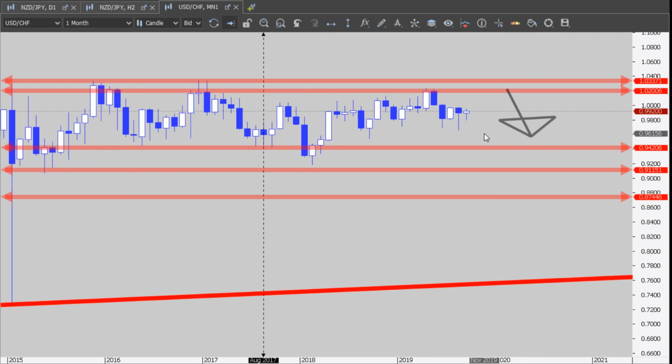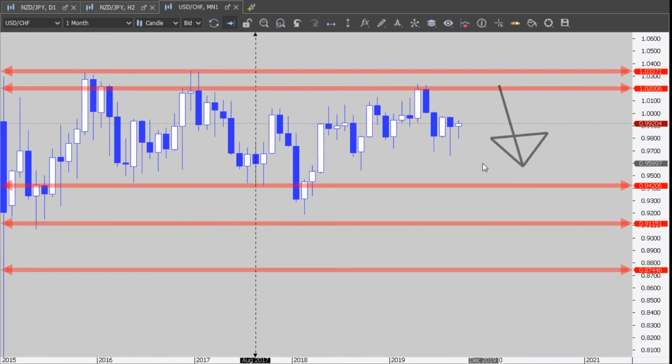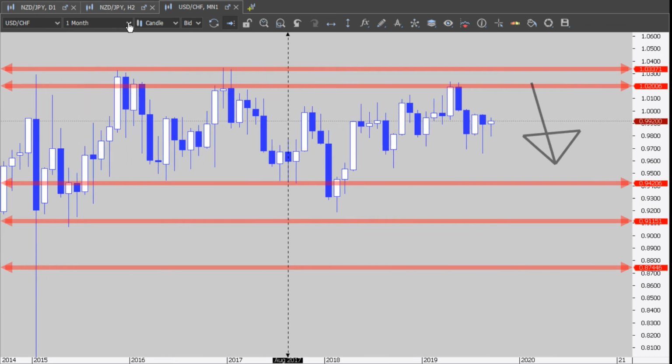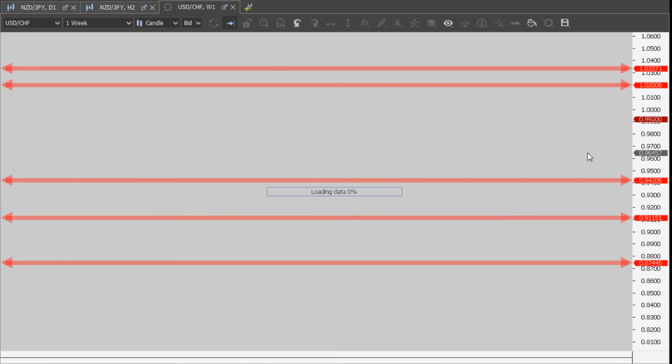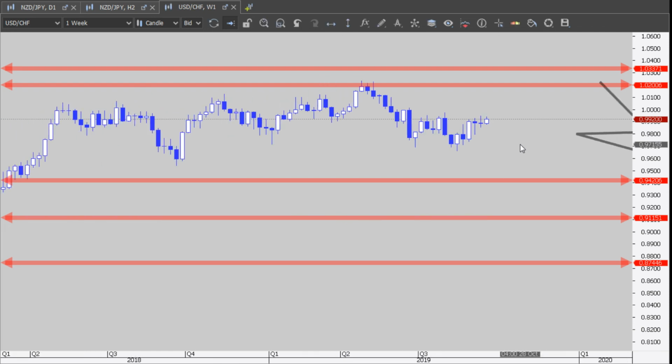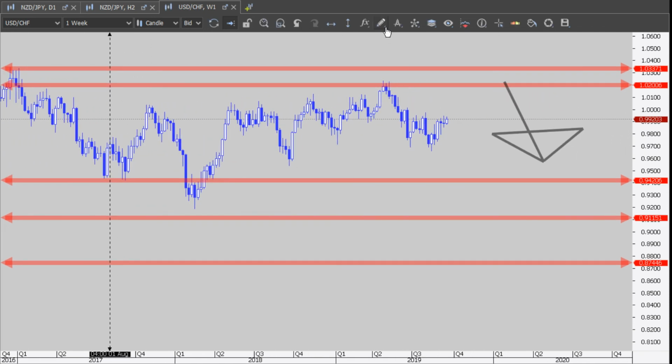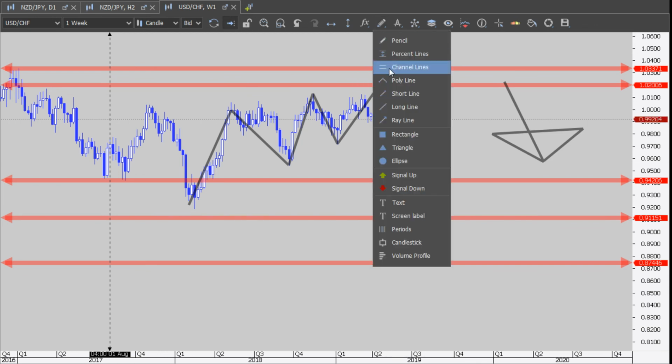Okay, now if you want to micromanage this, you can go from the monthly to the weekly, and see what is happening. So the market is making higher highs, higher lows, higher highs, higher lows, higher highs, and made a lower low, lower high, lower low, right, until the market breaks this higher high.